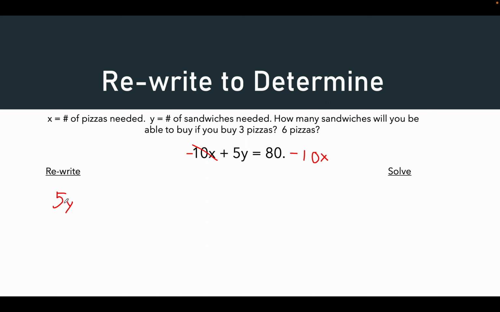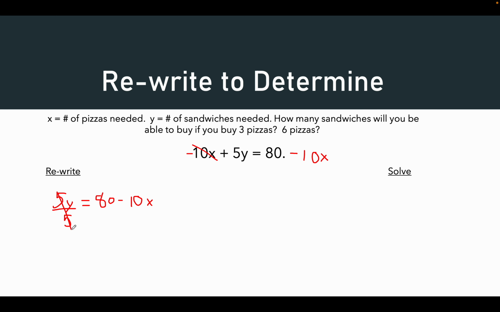So now I have left 5y equals 80 minus 10x. Now, I have to go ahead and divide both sides by 5 to get that y alone.